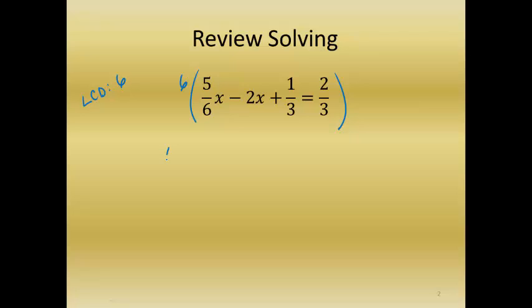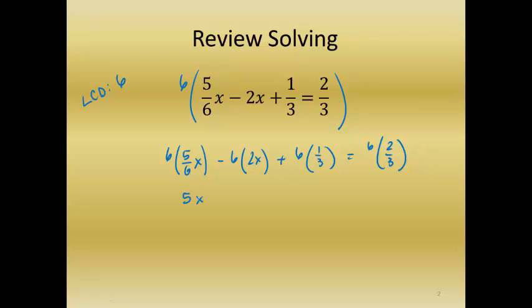And in this case, it's 6 times 5/6x minus 6 times 2x plus 6 times 1/3 equals 6 times 2/3. As in, the 6 is being distributed to each of them. So the 6 is given permission to reduce with each of these pieces within the equation. The 6 on the first part actually just reduces to a 5x because the 6's cancel.